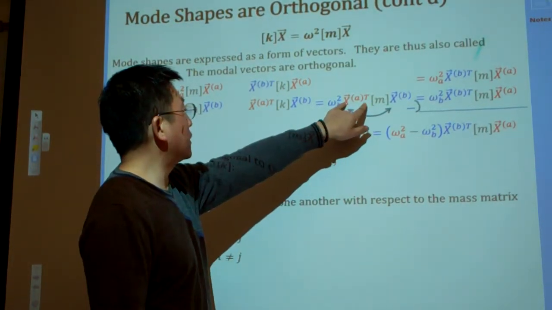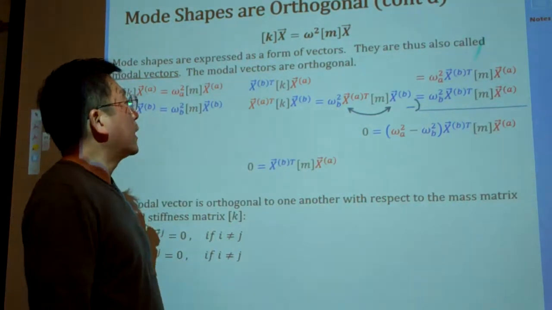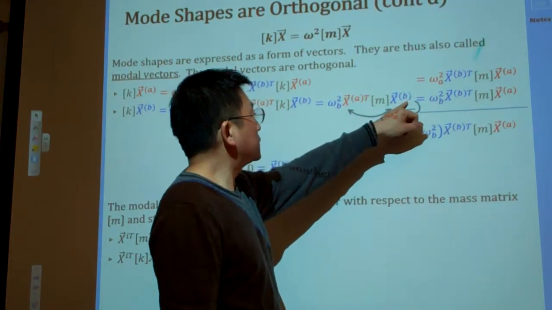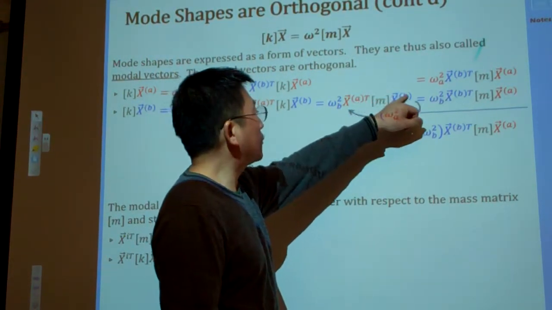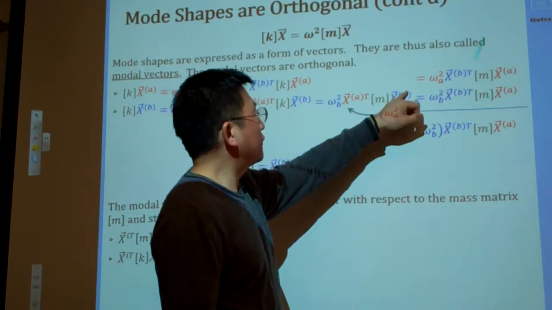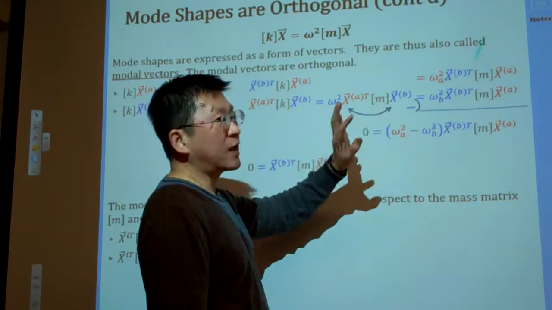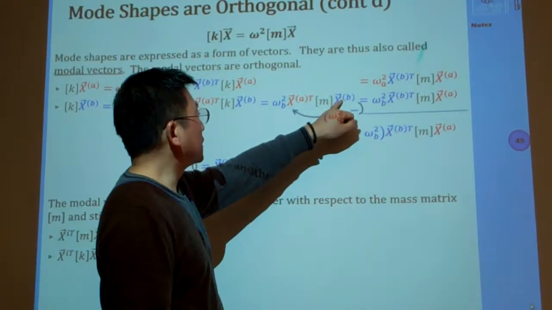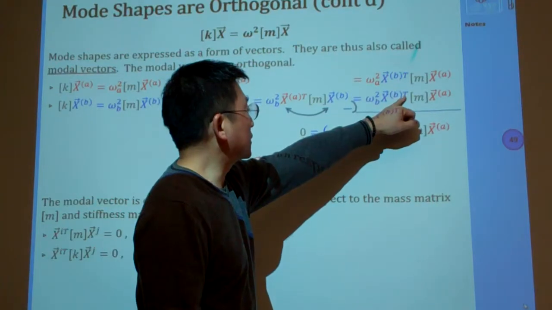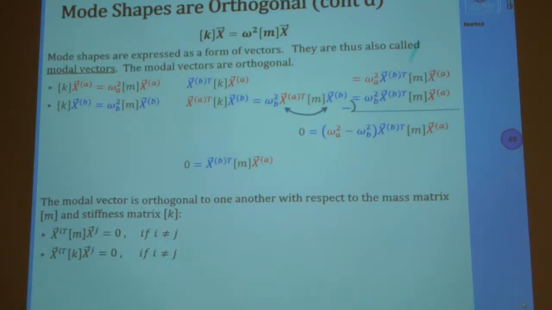Then again, for this term, I utilize another property. Because M is symmetric, for the multiplication of the whole term, I can simply transpose again. So after this operation, this term can go to the front, this term can go to the back, but we simply take the transpose like this. Again, this is another property from linear algebra.